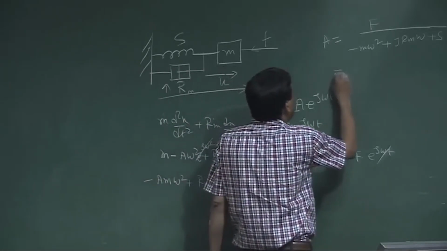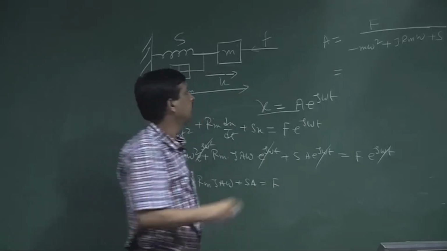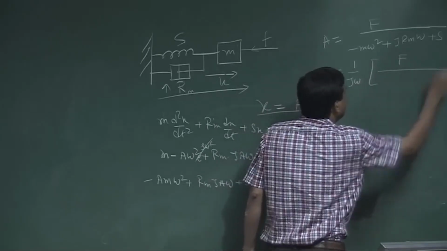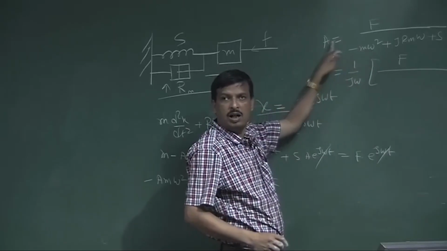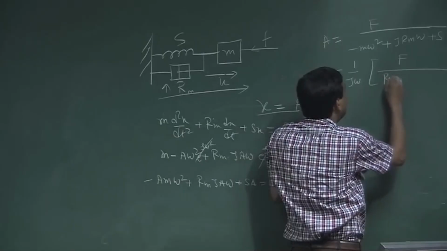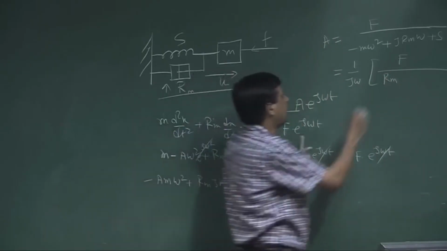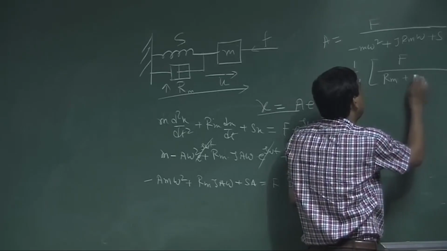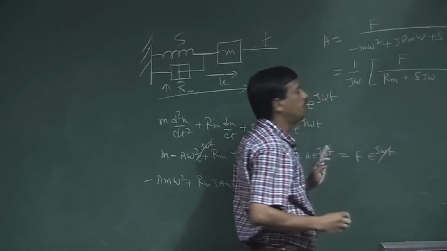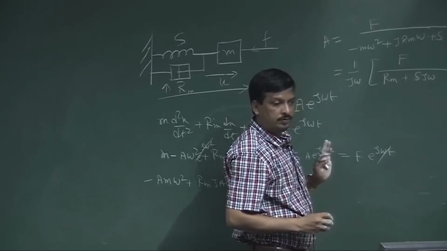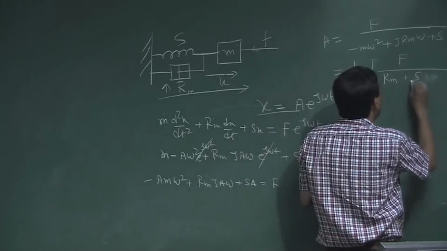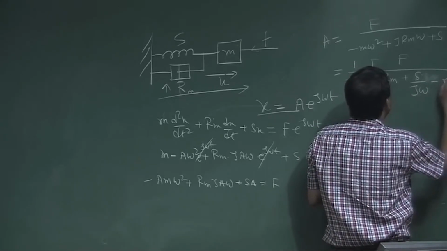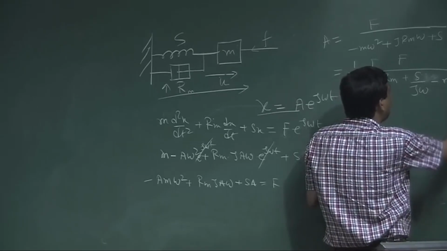Now, if I simplify that, I take j omega outside, then it will be F by j omega into r m plus s by j omega minus m omega square by j omega.